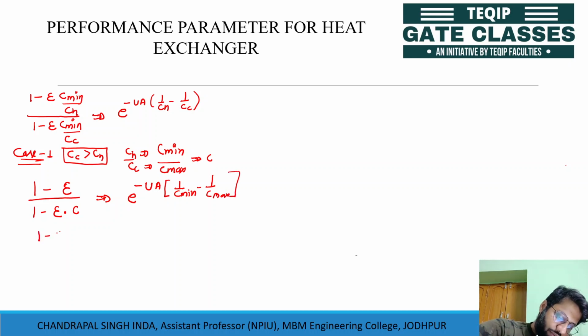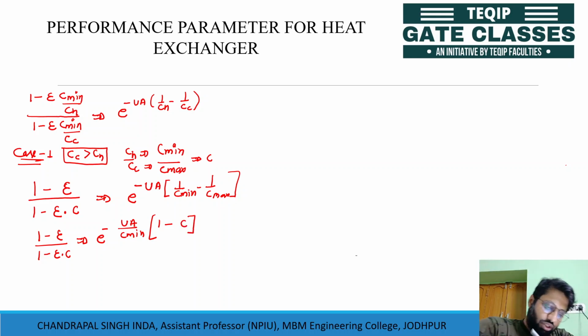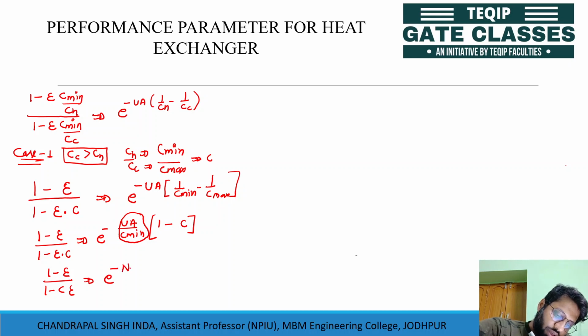And 1 minus effectiveness times C will be equal to the exponential of minus UA divided by C minimum times (1 minus C minimum by C max), which is C. So this term is equal to the NTU, and 1 minus C times effectiveness will be equal to e to the power minus NTU (1 minus C).